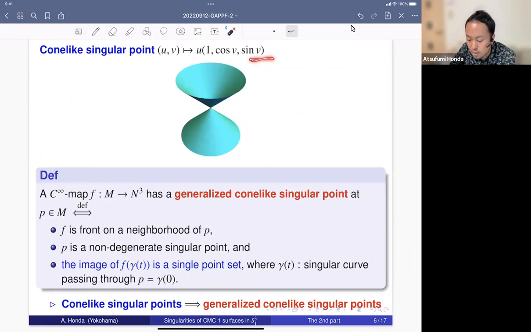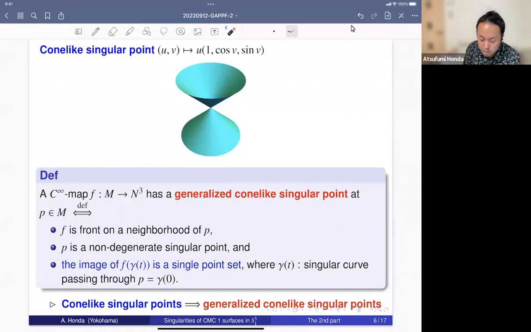As in the first part, a cone-like singular point is defined by this standard form. The standard form implies these conditions: F is a front, the singular point is non-degenerate, and the image of the singular curve is a single point.